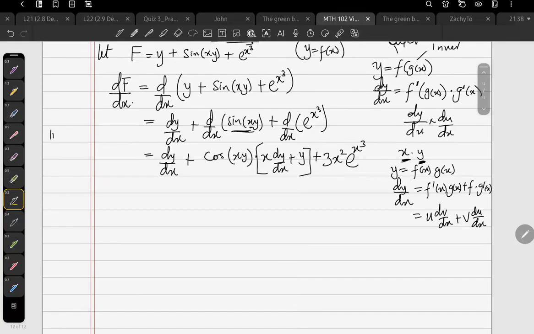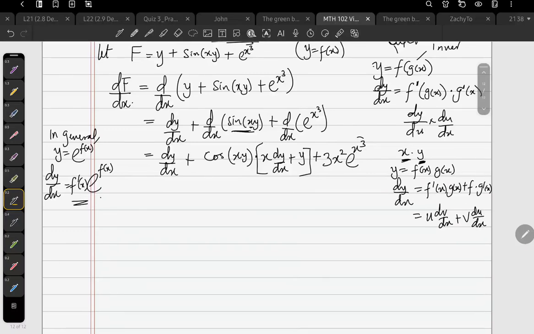In general, if y equals e to the power of any function of x, then its derivative will be equal to e to the power of f of x times f prime of x.